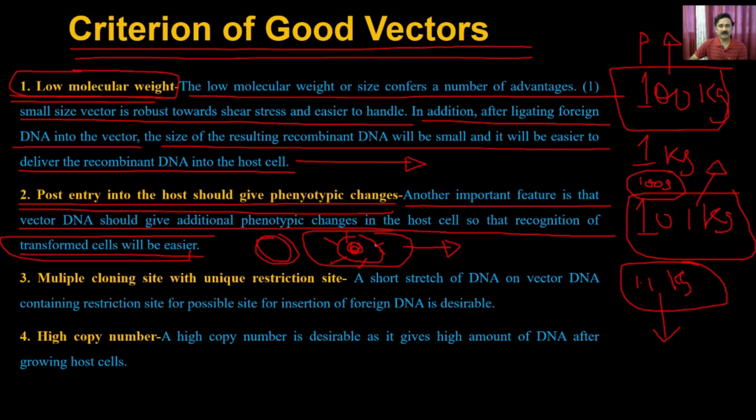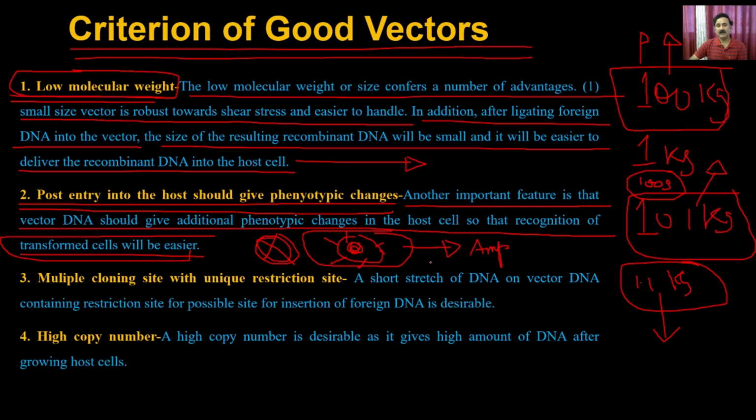For example, if this cell, by having this vector, acquires resistance against ampicillin, and I put these two cells, the untransformed cell and the transformed cell, under ampicillin, only the transformed cell is going to grow and the other is going to die. So that is a very easy way of identifying who got the recombinant DNA and who didn't.